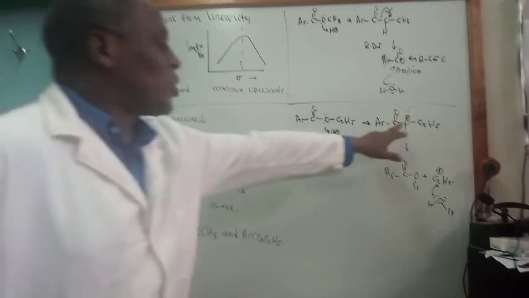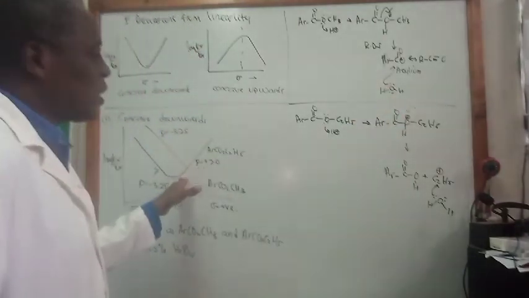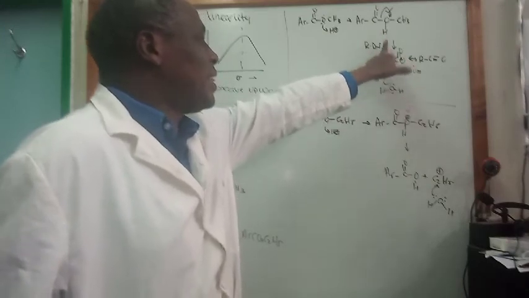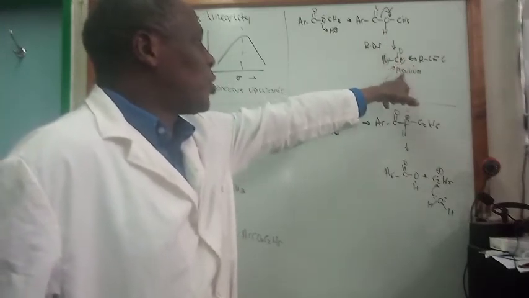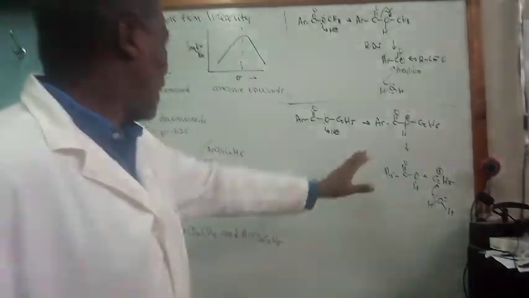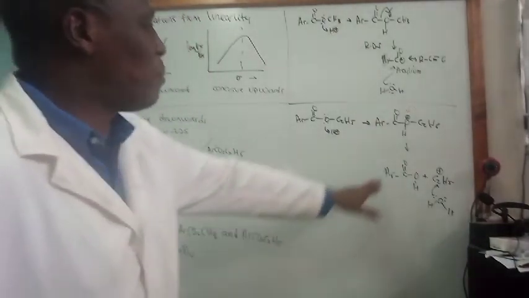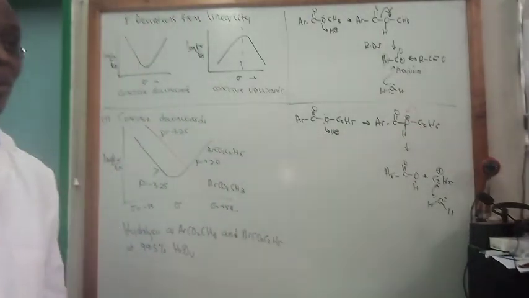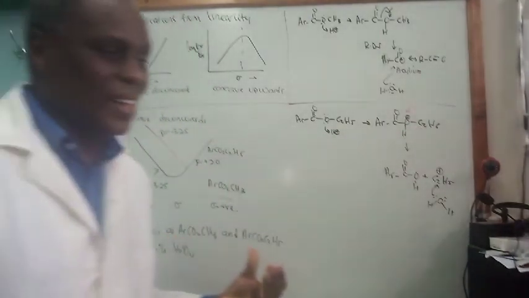So in this case, from this point here, the rate determining step changes from the formation of the acylium ion, whereby the electrons are going out, to a mechanism in which you are generating a stable carbocation.